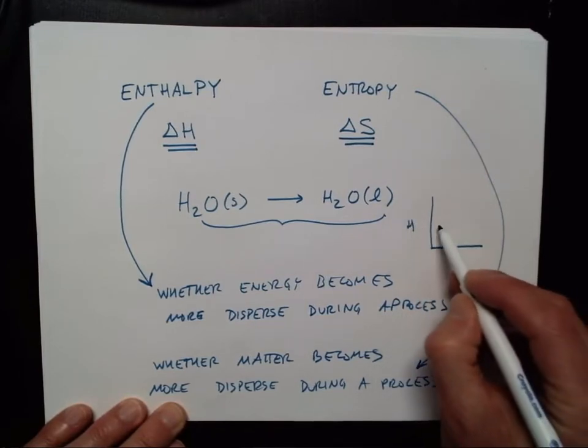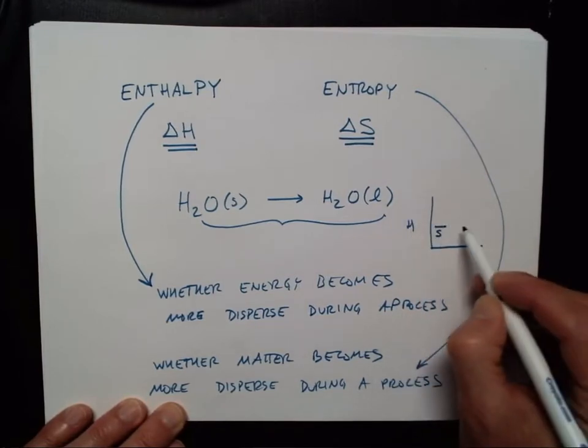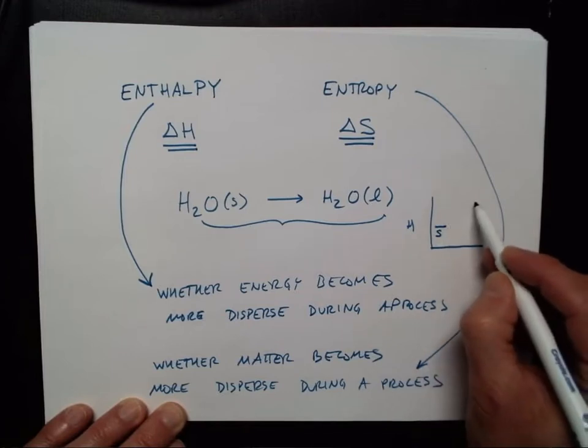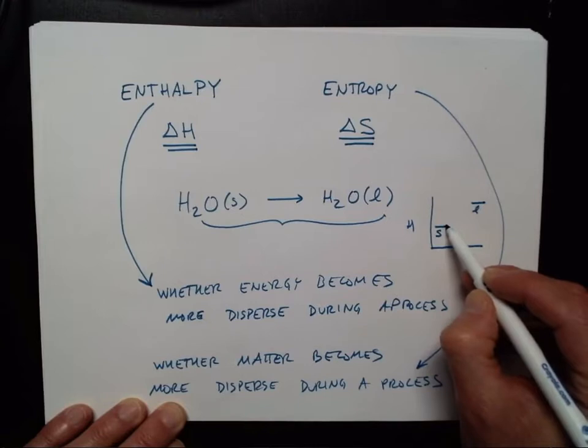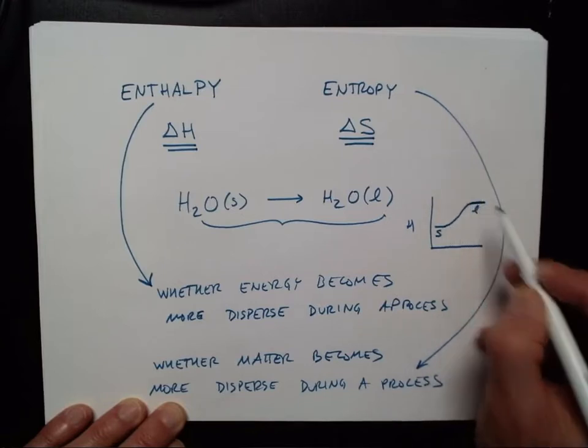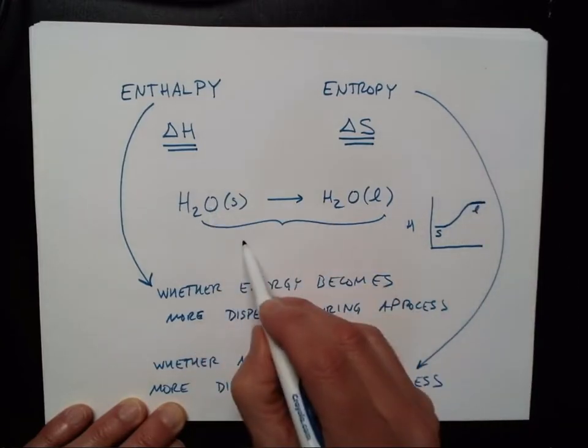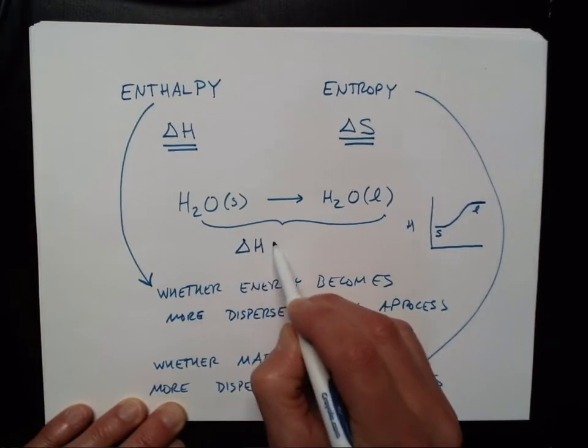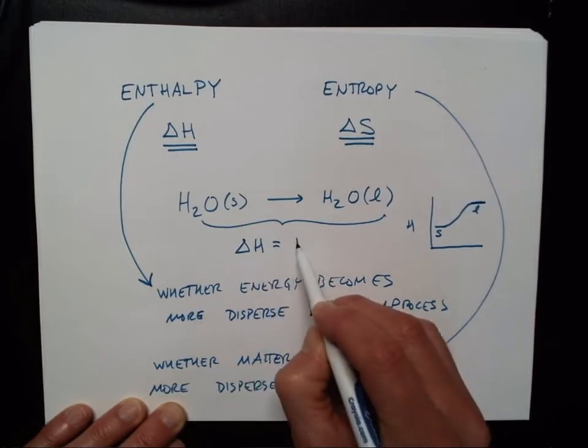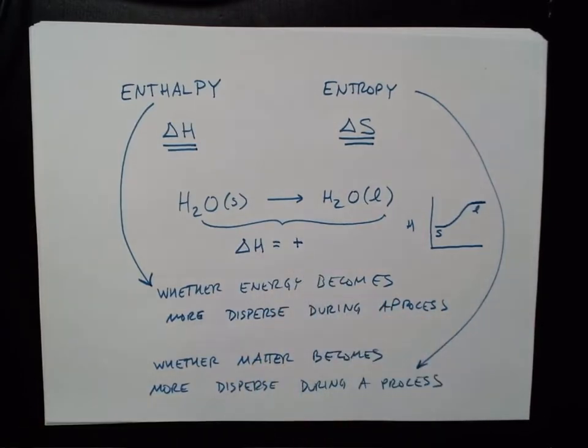If I'm going from solid water to liquid water, I'm going to have to put energy as heat into that. If I want to melt water, I've got to put energy as heat into that. So for this process, delta H is going to be positive, isn't it? And that would mean that we have an endothermic process.